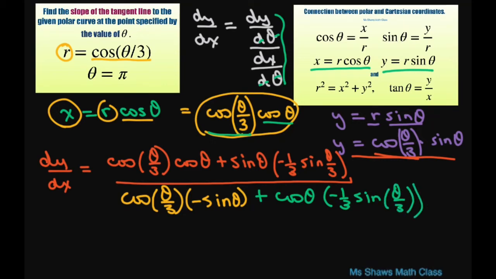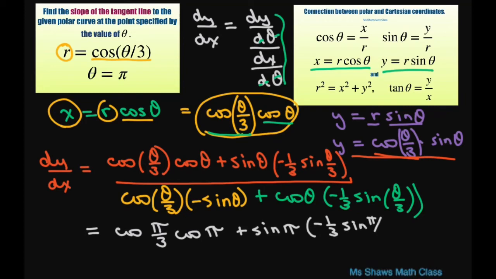All right, now let's evaluate this at pi. So if we substitute everything in for pi, let me just write it all out: cosine of pi divided by 3 times cosine of pi plus sine of pi times negative 1/3 sine of pi divided by 3.